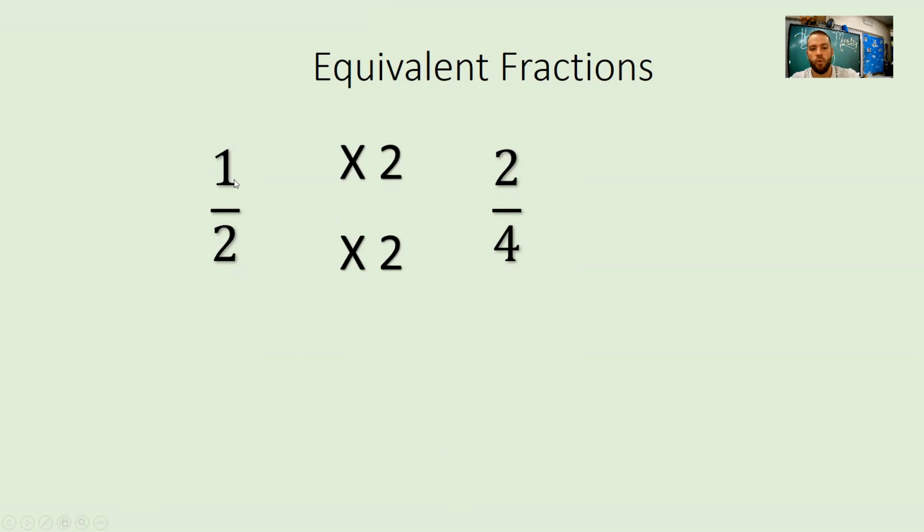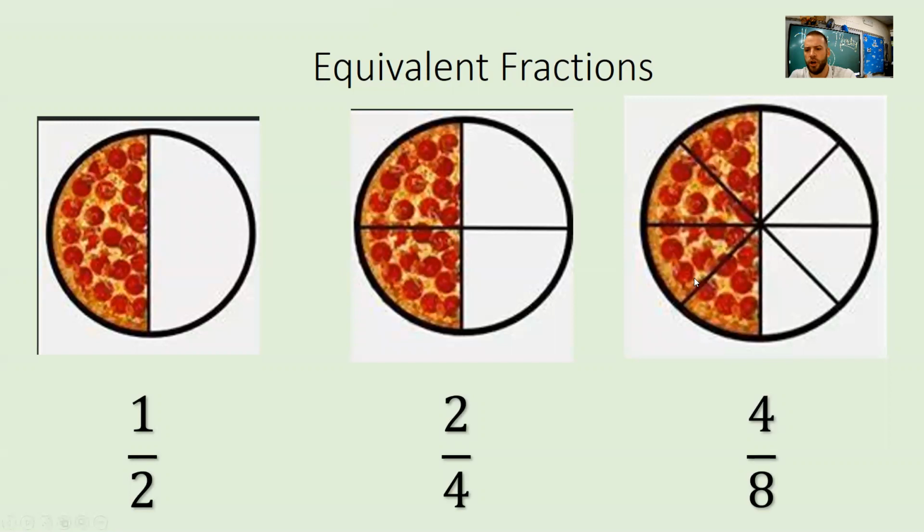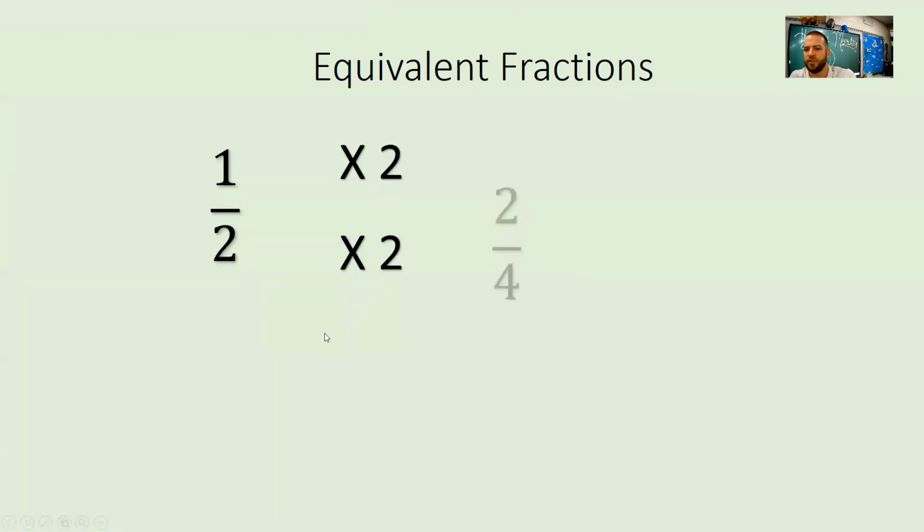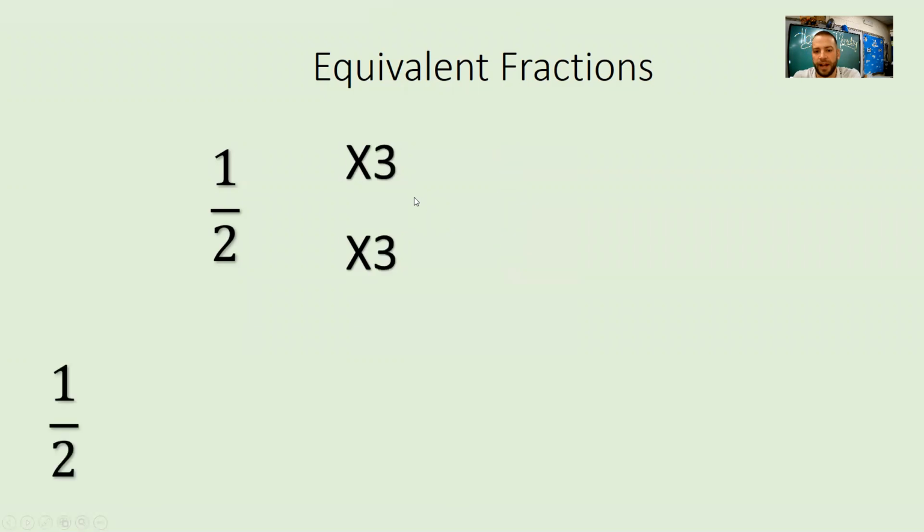So if I have 1/2 here, 1 times 2 is 2, 2 times 2 is 4. I multiplied both the top and the bottom by the same number, got 2/4, and so that's equal to 1/2. As we notice back here in the picture, 2/4 is the same as 1/2. So the rule is to find an equal fraction, you just have to multiply the numerator and the denominator by the same number, whatever that number is.